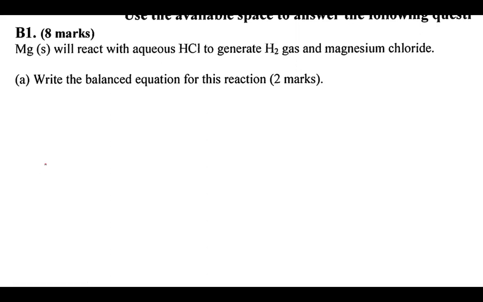We started with magnesium, which is in its normal state, so there's no charge, and it's a solid, plus hydrochloric acid, HCl, goes to hydrogen gas, H2, plus magnesium chloride.